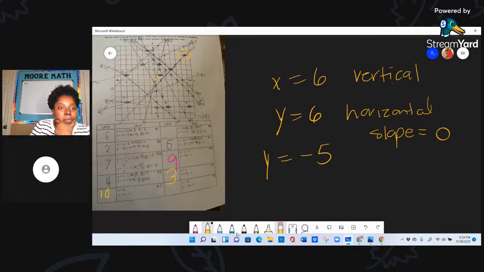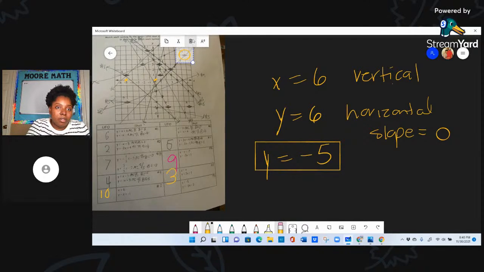Tell me which way to go. Remember, to the left and right is x. So if it says y equals -5, where are we going? Down. So we're going down 5.